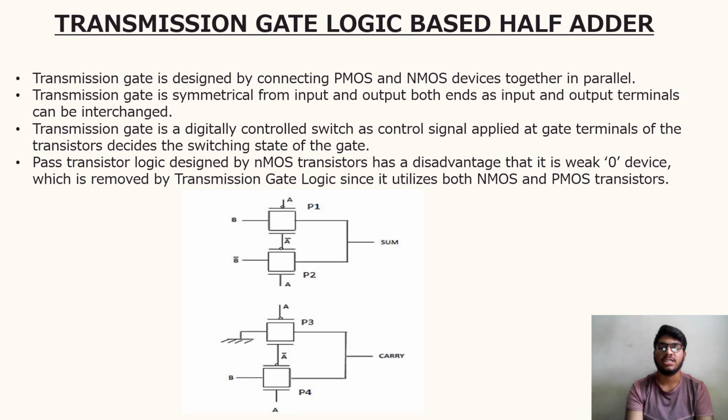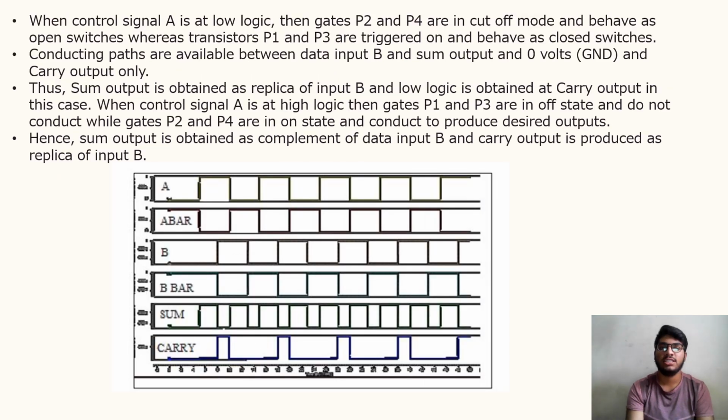The logic gate of the transmission gate half adder is given. When control signal A is at low logic, then gates P2 and P4 are in cutoff mode and behave as open switches, whereas transistors P1 and P3 are turned on and behave as closed switches. Conducting paths are available between data input B and sum output, and 0 volts and carry output only.